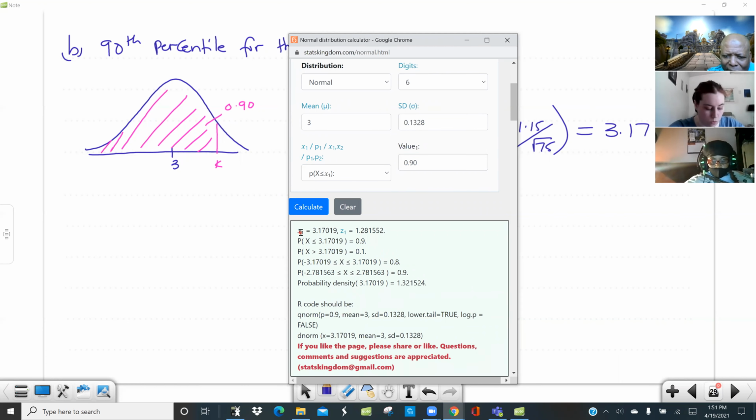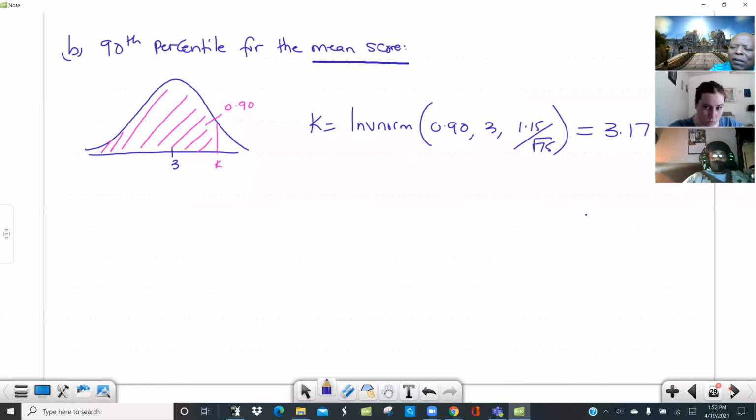Calculate, and here it is, 3.17. In other words, 90% of all groups of 75 have an average stress score less than 3.17. I mean, we are back to the same interpretation of the normal distribution.